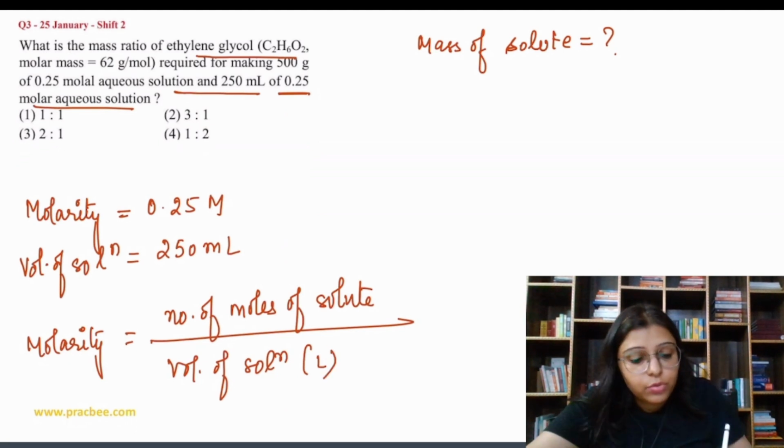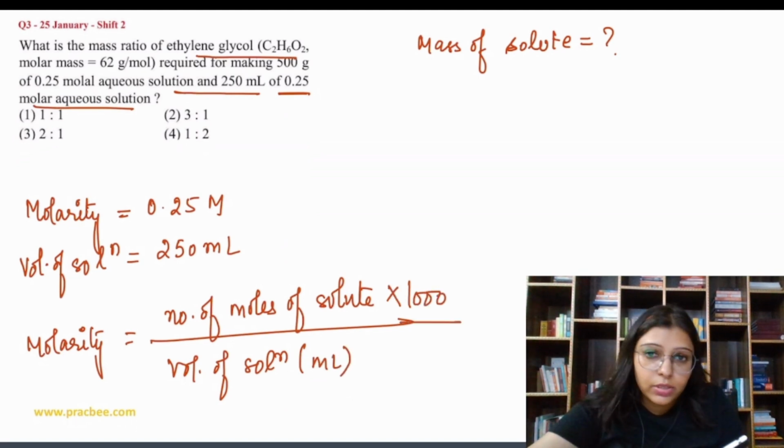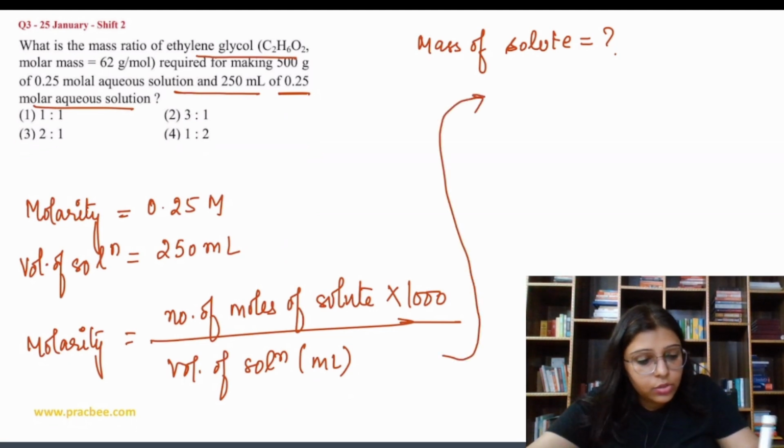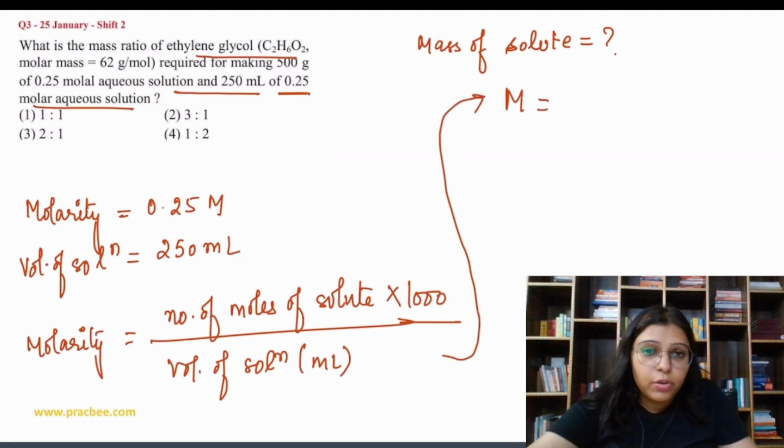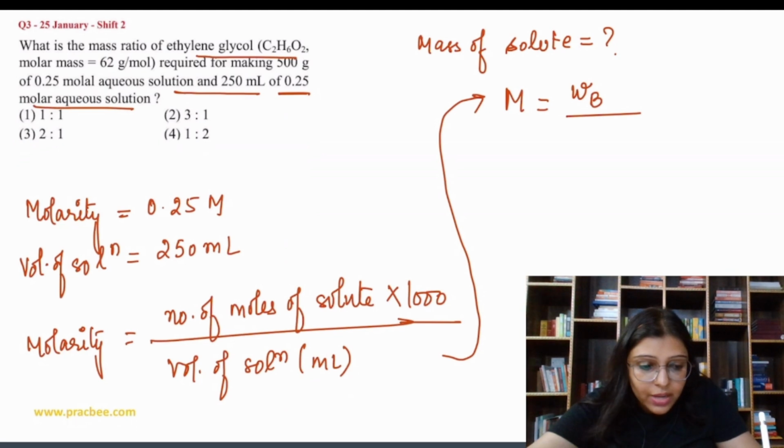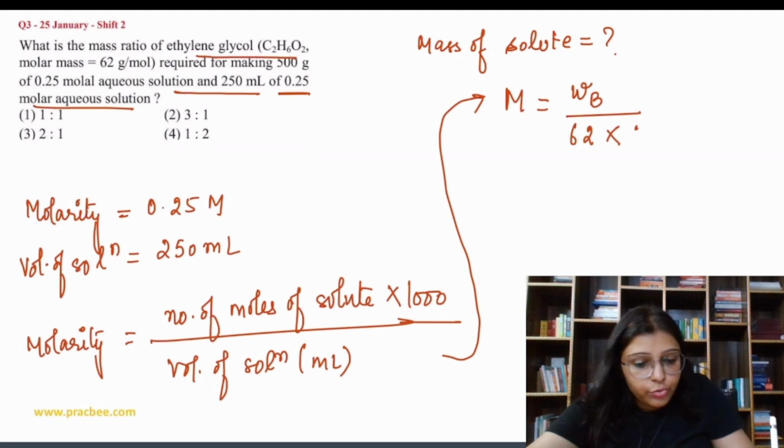If the volume of solution is in ml, then I have to multiply the numerator with 1000. Okay, let's do this. So molarity is equal to number of moles of solute, which is mass of solute, WB, divided by molar mass of solute, and molar mass of solute is given 62. Volume of solution is 250. It is in ml, so that's why into 1000.